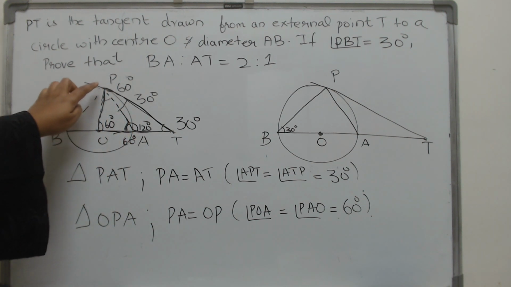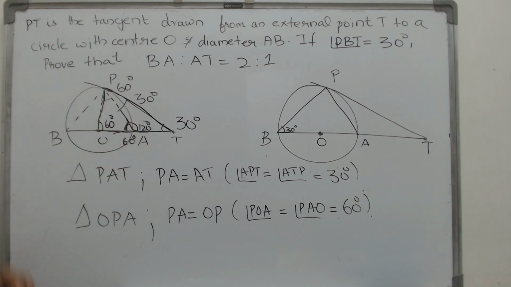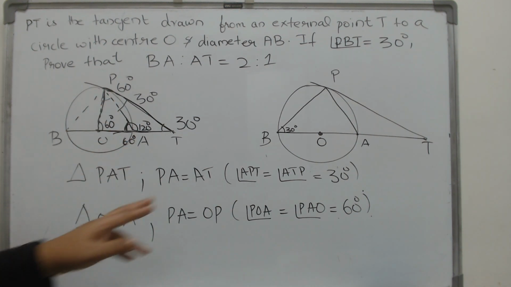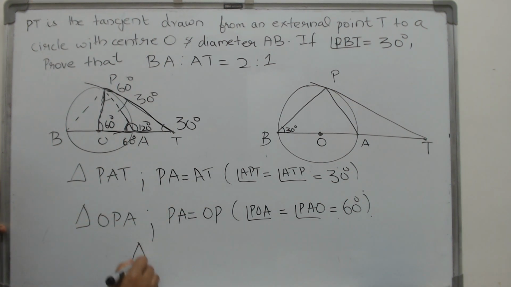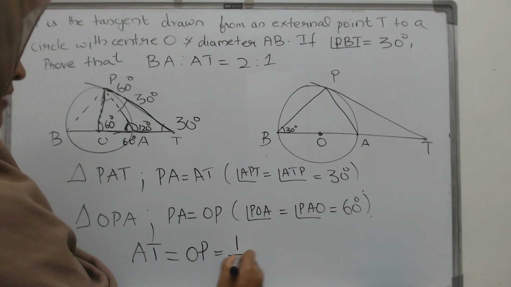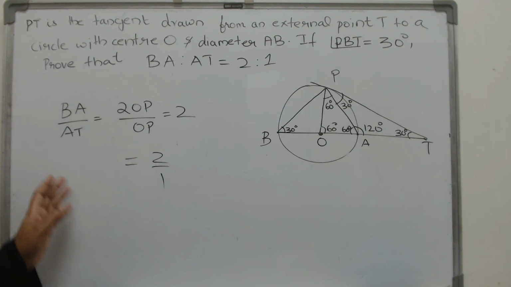You saw that OP and PA are equal. Why? Because both of their opposite angles are 60 degrees. So what have we proved? We have proved that AT is equal to OP. But what is OP? It is the radius, which means it is half of BA. So this is how your final ratio looks.